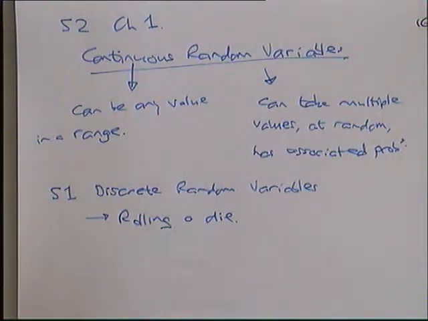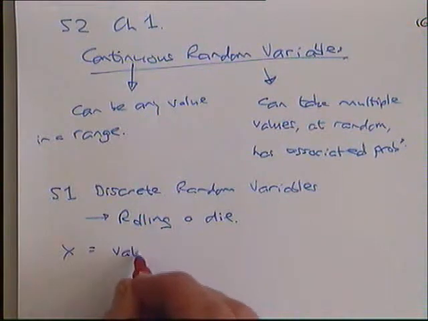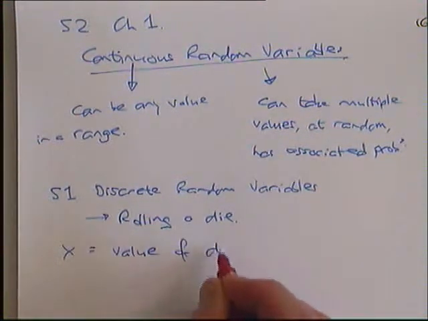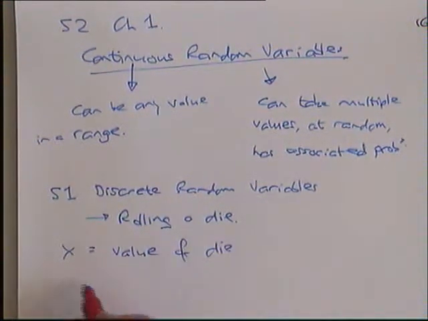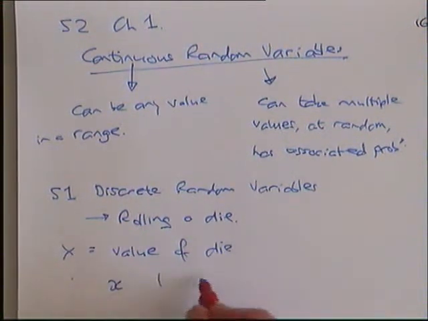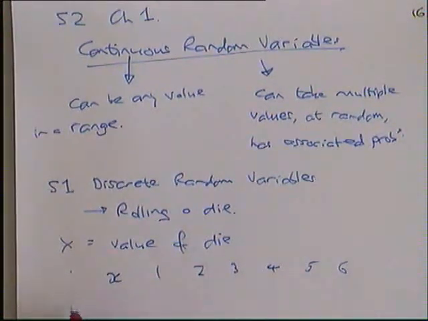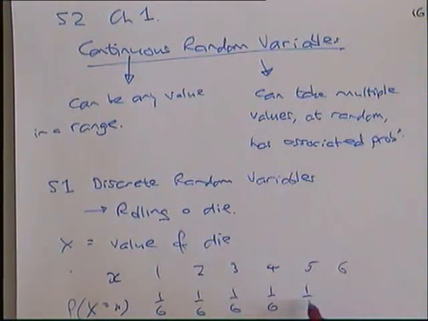Probability table, yeah, okay. You would say maybe that X is the value on the die, and then X can take various different values, which we use as lowercase, and they would be 1, 2, 3, 4, 5 and 6. Then the probability that the random variable takes those values would be 1/6 if it was a fair die.